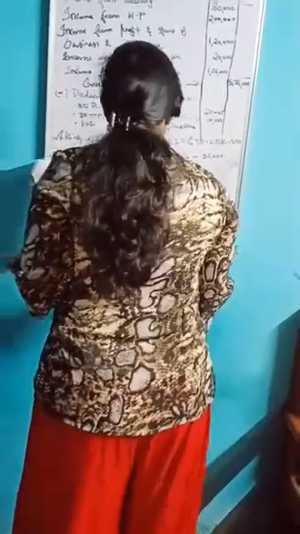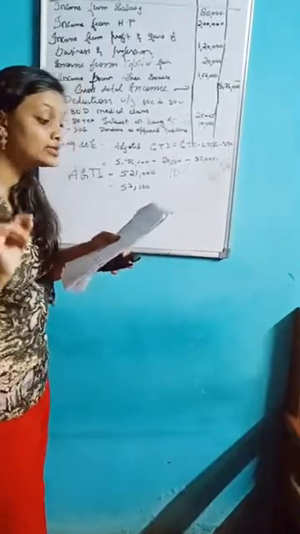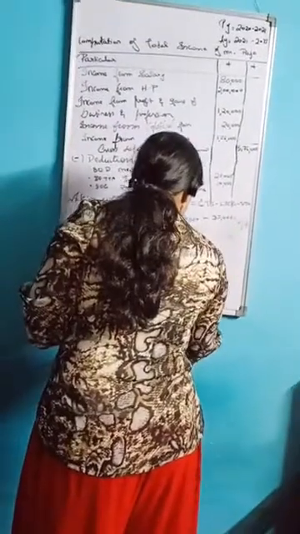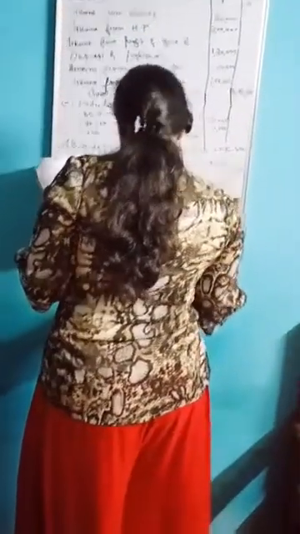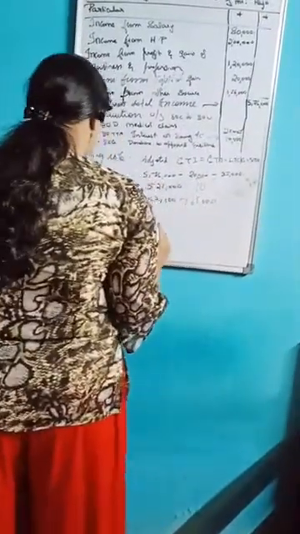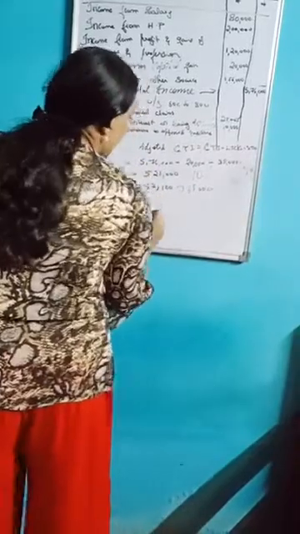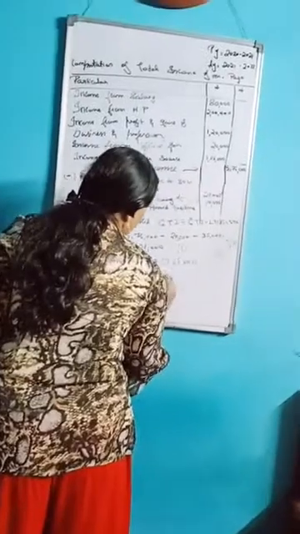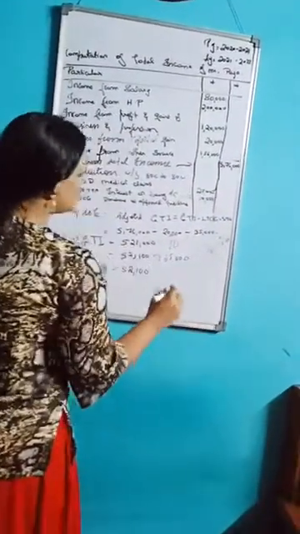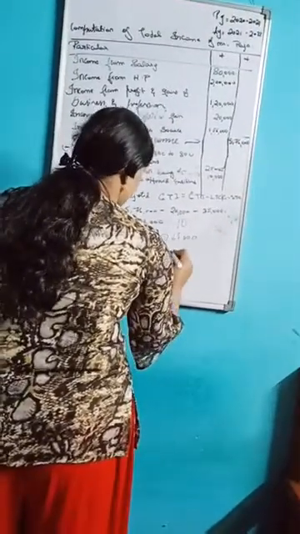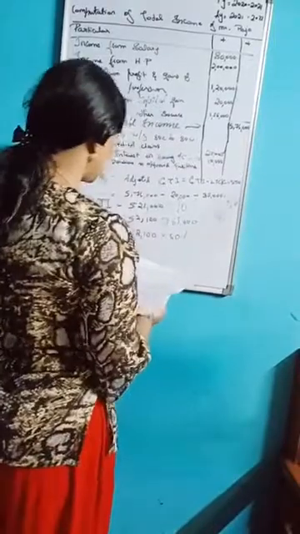You will get 52,100. Then the question mentions donations to approved schemes, that is 65,000. In this, whichever is less, that value you should take. So you will take 52,100. Donations to institutions, you should take 50%.